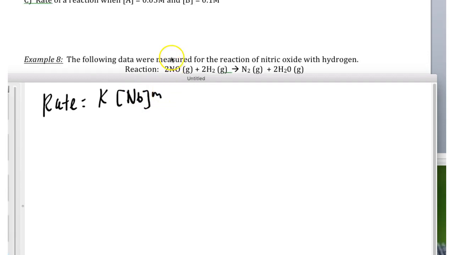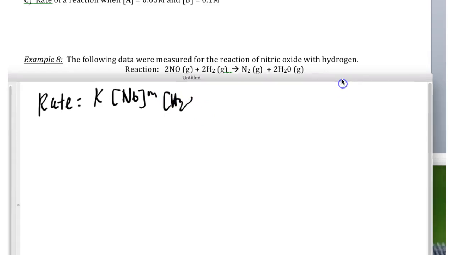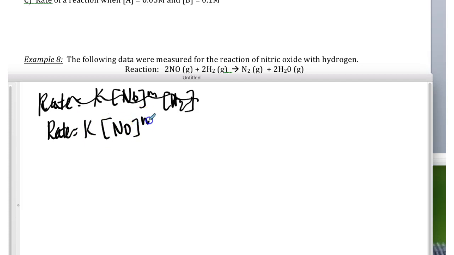It's not going to be 2. Don't assume it's 2. And you multiply that by the other reactant, which is H2, to the power of N.